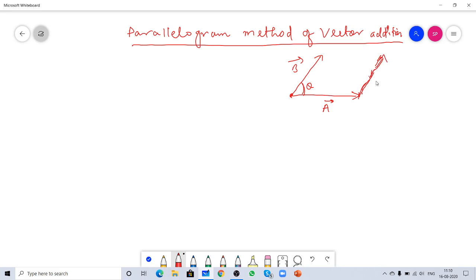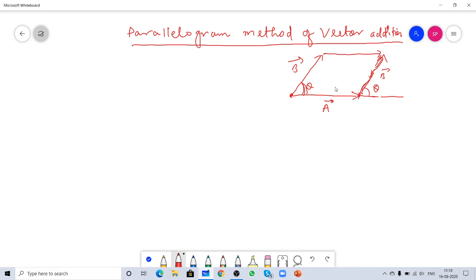So I'll draw this vector b here, and similarly, from the head of b vector, I will draw a vector parallel to a. Now I'll just extend this line.